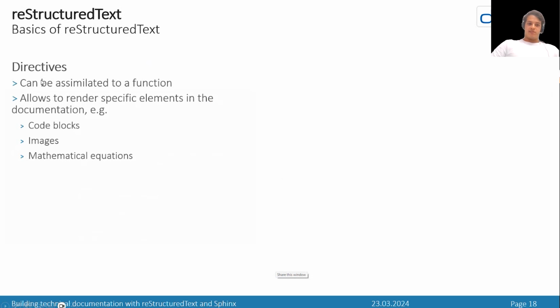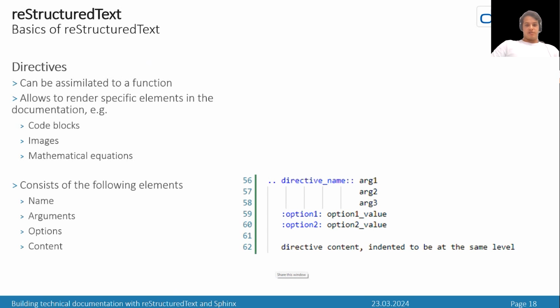Now let's talk about directives. A directive is a feature that can be likened to a function in programming. It allows us to render specific elements like code blocks, images, or mathematical equations. Here is an example of a directive.